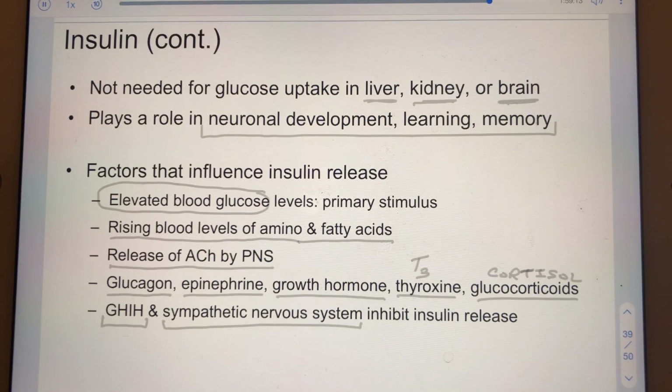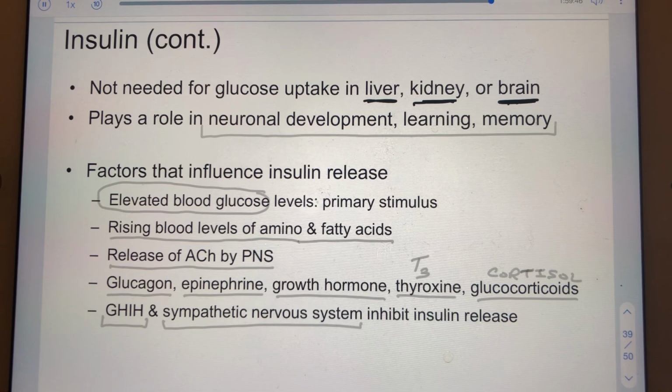Let's go to slide 39. Insulin is not a necessary permission slip in the liver, in the kidneys, or in the brain. And if it helps, you can think of it as these are sites that need access to glucose either as fuel or to monitor or even to eliminate excess. Okay, so these are different sites that need access to glucose for one reason or another.